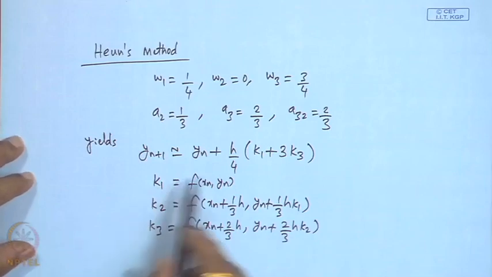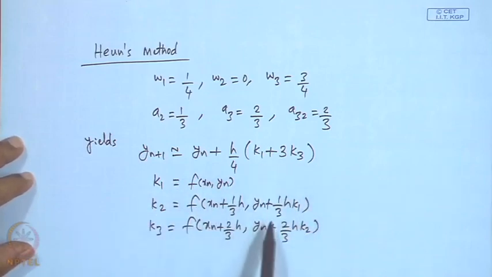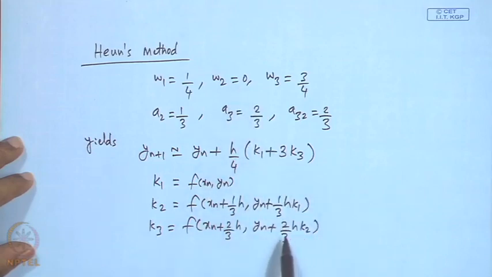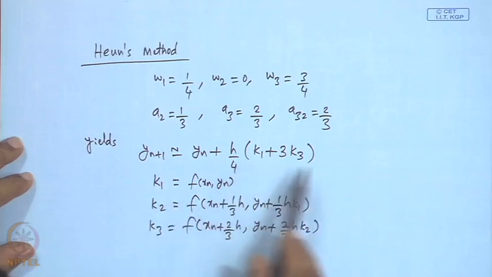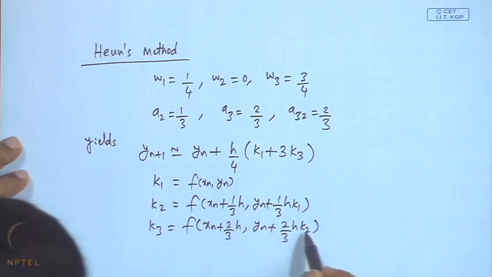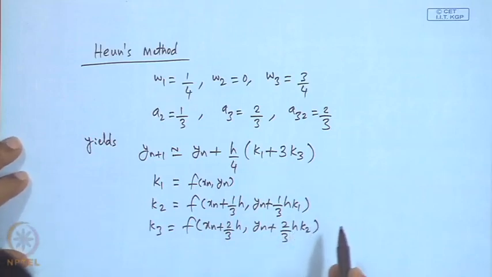So, this is Heun's method. Okay. You can see to define K2 we are using K1, to define K3 we should have used K1 and K2, but since W2 is 0, K2 does not explicitly appear.